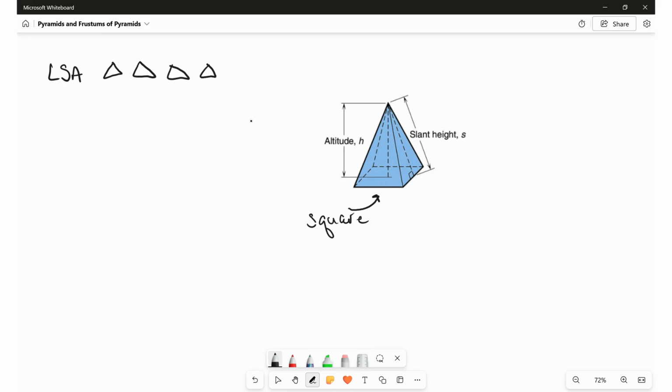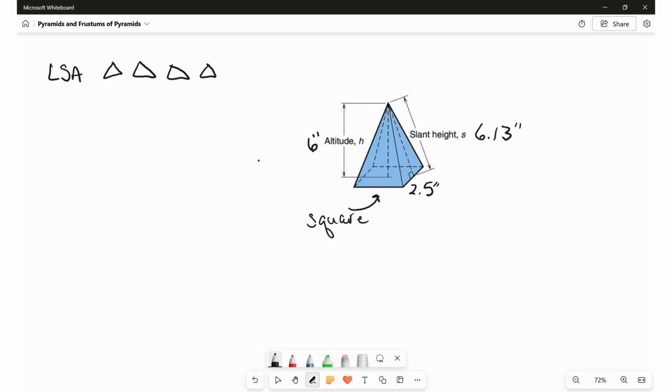Let's say our base is 2.5 inches, the altitude is 6 inches, and our slant height is 6.13 inches. So those are our measurements.